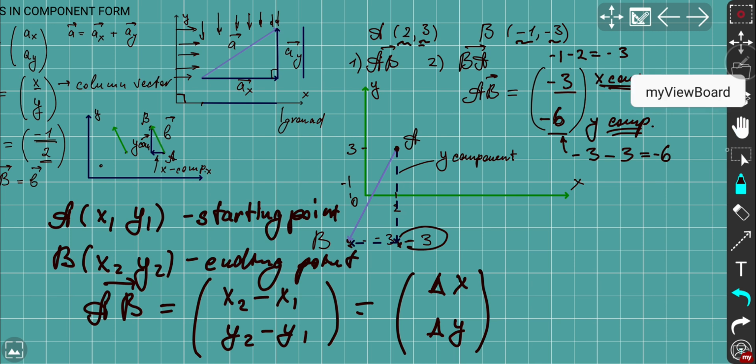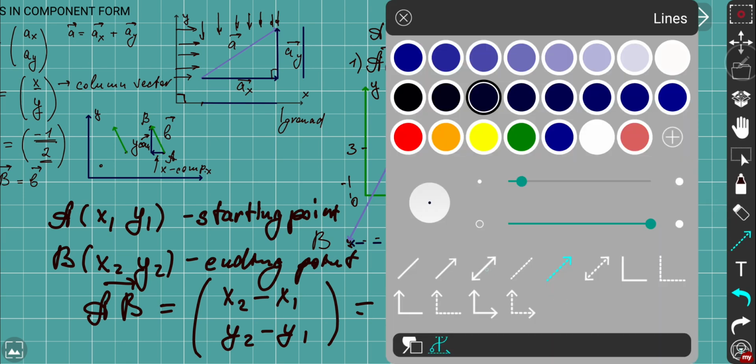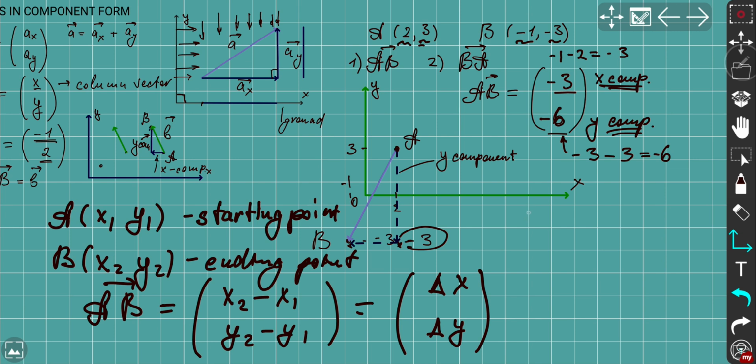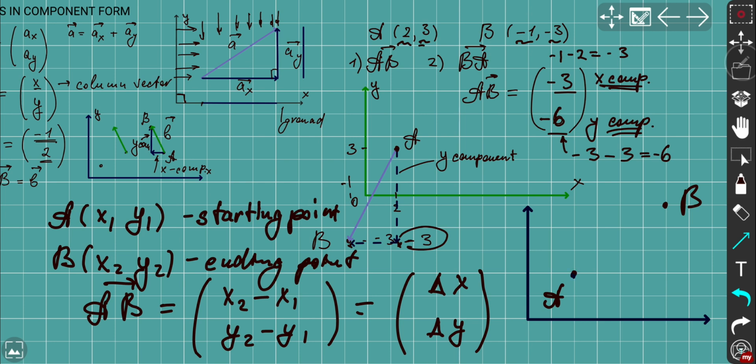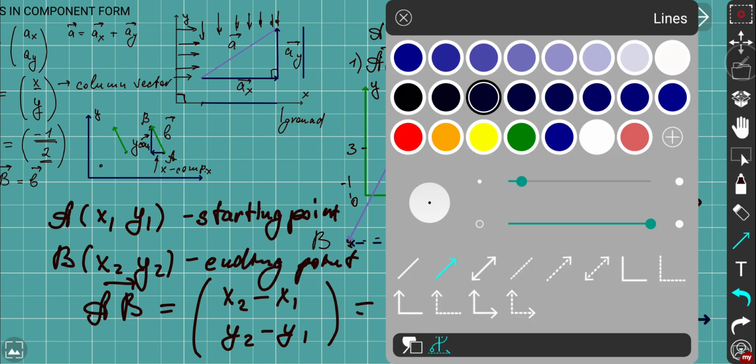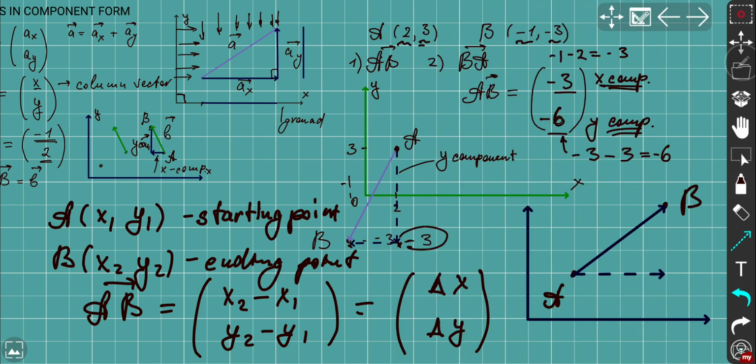So according to what we have, if we want to set up the general rule for points A and B, if this is a Cartesian plane and we set up 2 points, let's say A and B, and we want to calculate the vector in component form that goes from A to B, basically vector AB, we just simply need to say that, okay, we have change in x, it's here, and change in y, it's a vertical component or y component for our resultant vector AB.